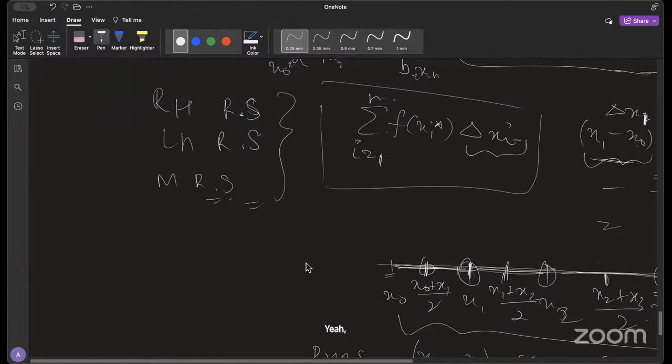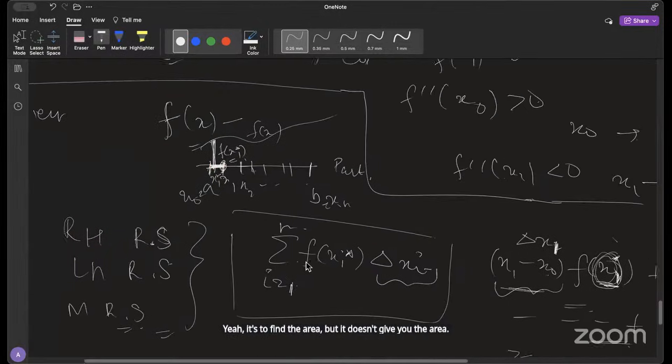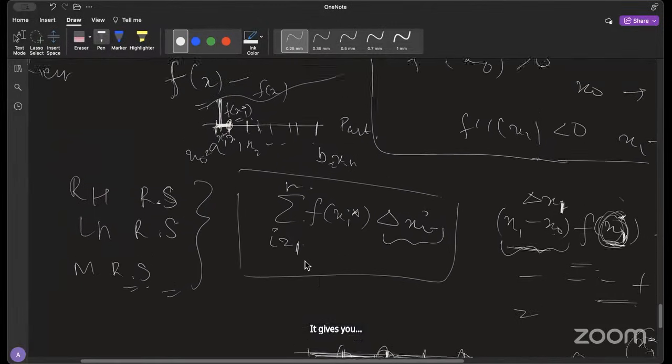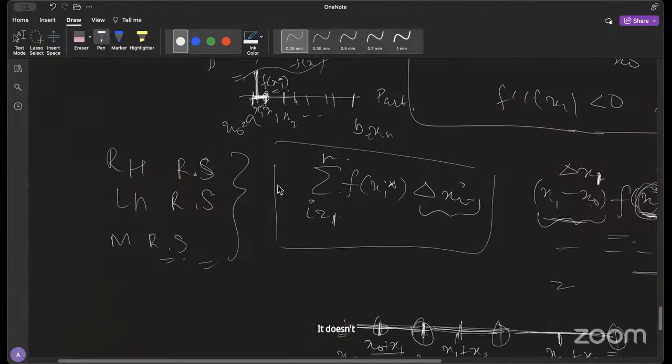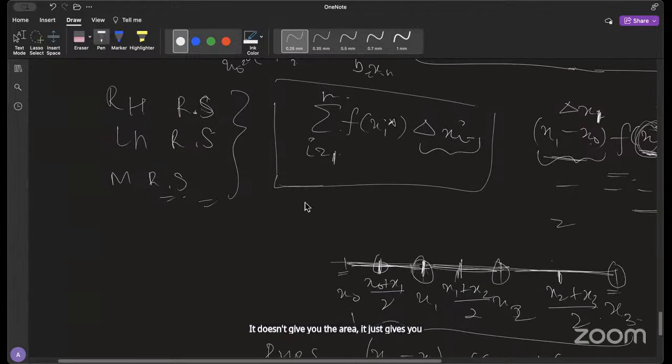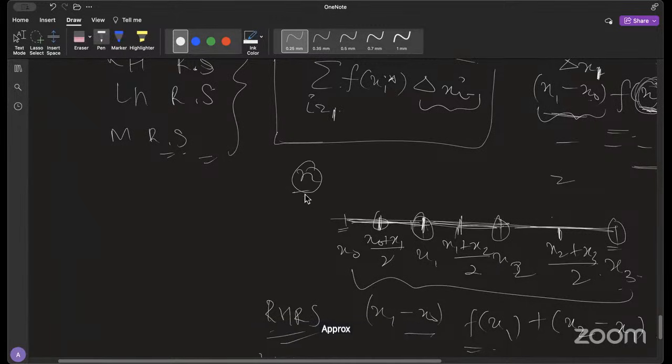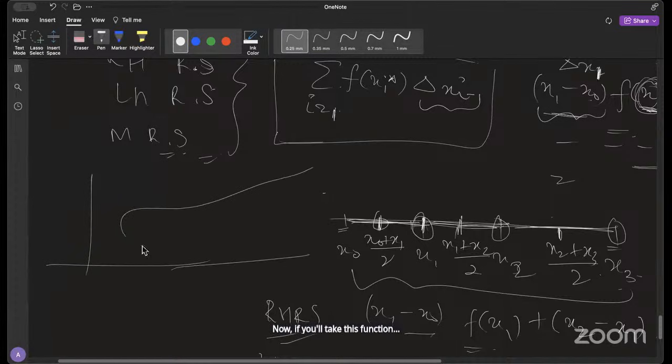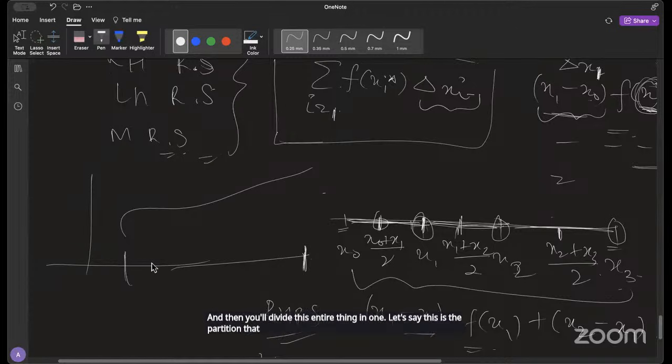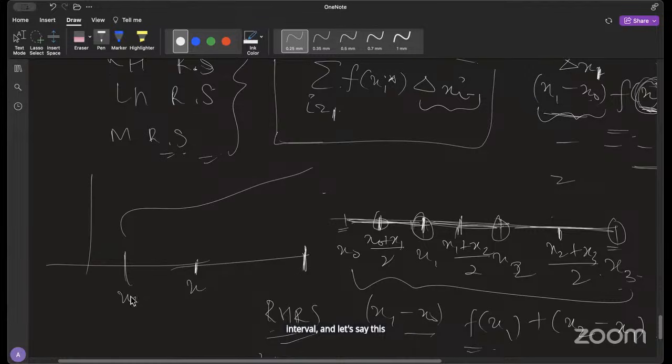Ma'am, the whole concept of Riemann sum is to find the area, no? Yeah, it's to find the area, but it doesn't give you the area. It doesn't even give you approximation, because approximation is when you take n or something. Now if you take this function, and let's say this is the partition that you're considering, this partition has only one interval, and let's say this is the point that you're considering, x1 star, and this will be f(x1 star), this height, right?